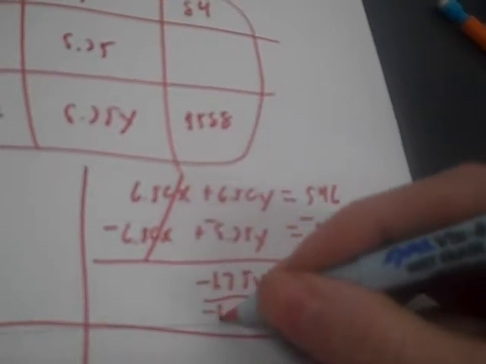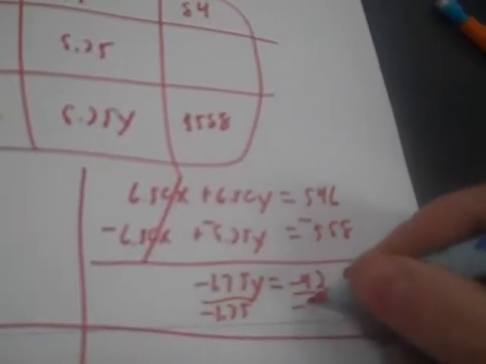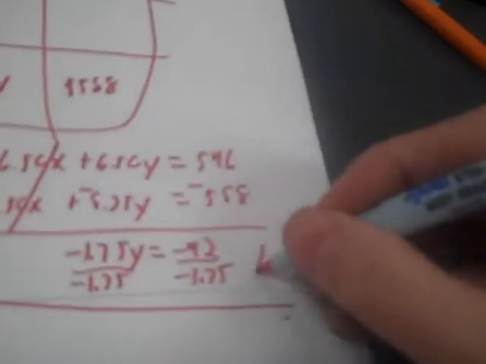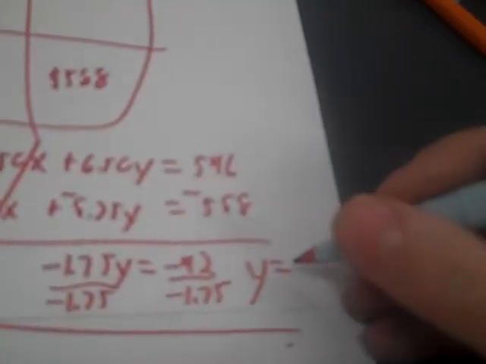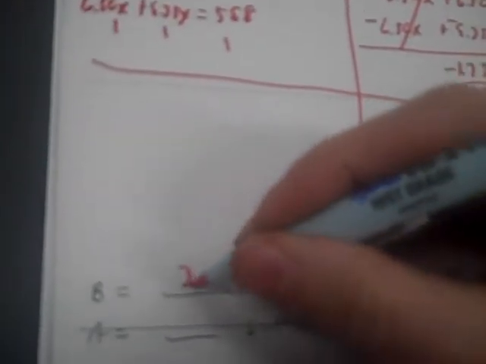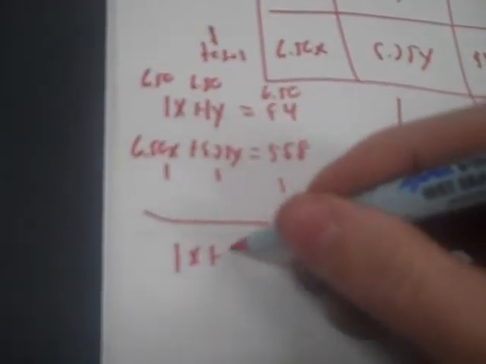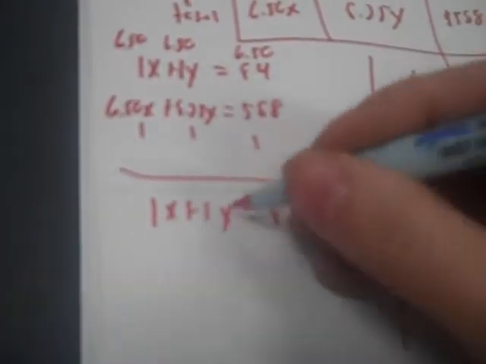I divide by negative 1.75. And negative 42 divided by negative 1.75 is 24. And that's my Y. So my B. Then I use the 1x plus 1y equals 84.